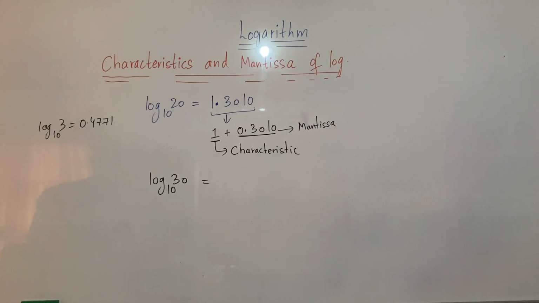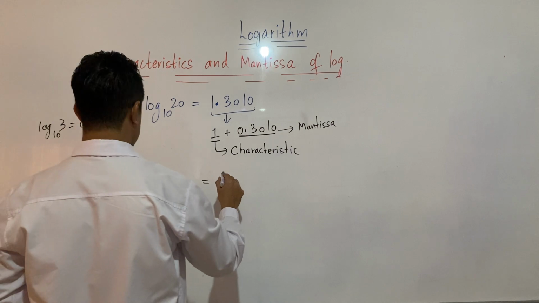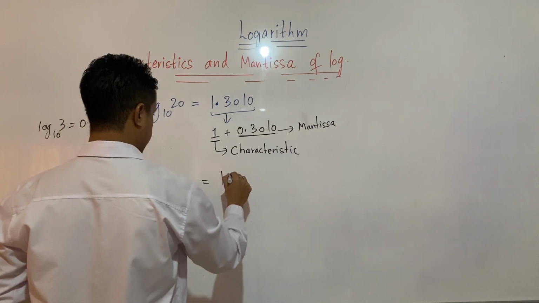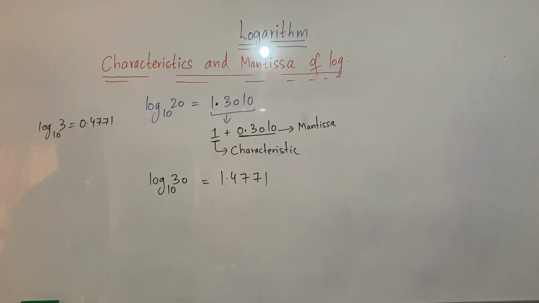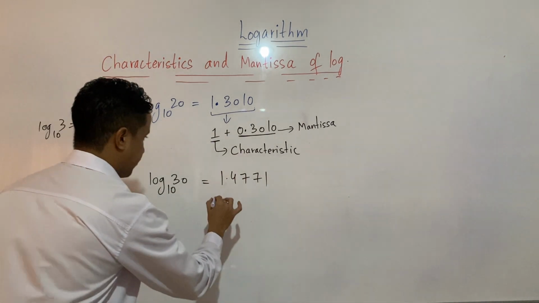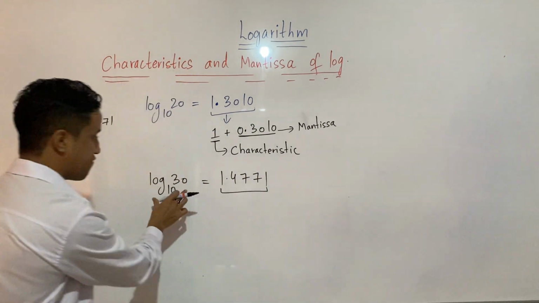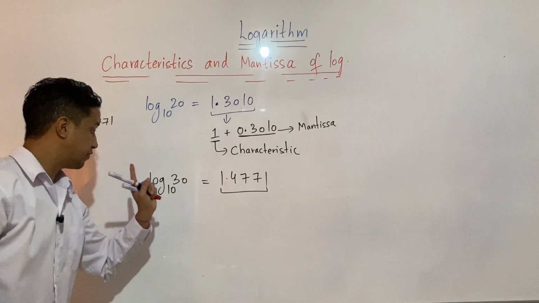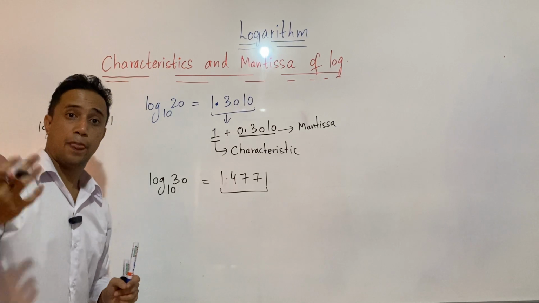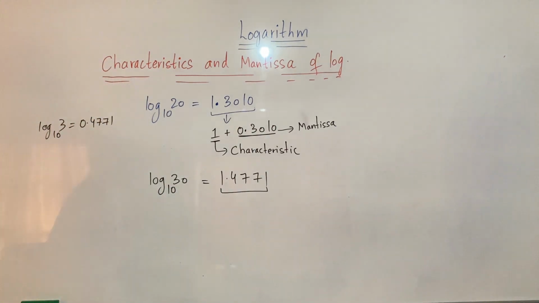So log of 30 to the base 10 is 1.4771. You can find the value of this log using the table or your calculator.